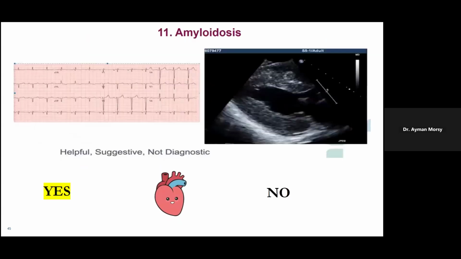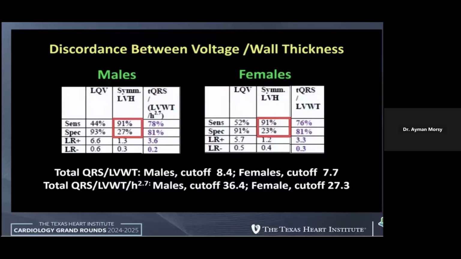Most of the time, we are happy to see patients who have LVH anatomically by echo, and you can always see low voltage, which is fine, definitely. But I make it easy here: it is helpful and suggestive, but please don't consider it 100% diagnostic. Why? You can see there is discordance between voltage and wall thickening in males and females.